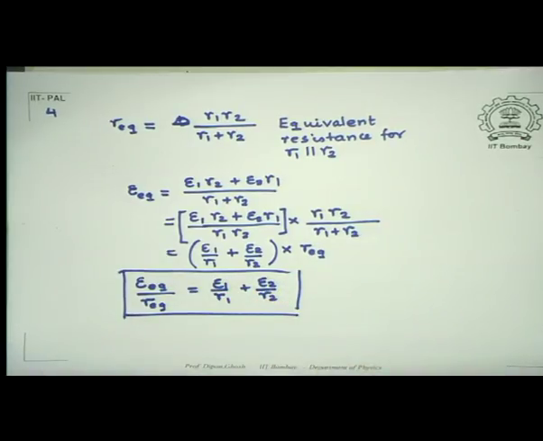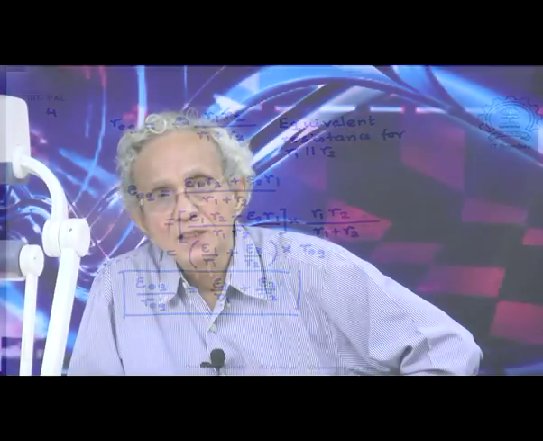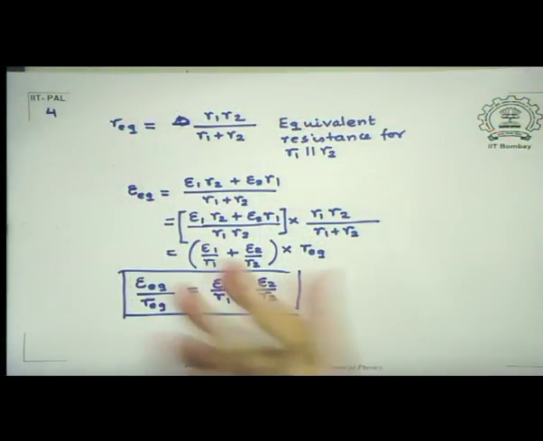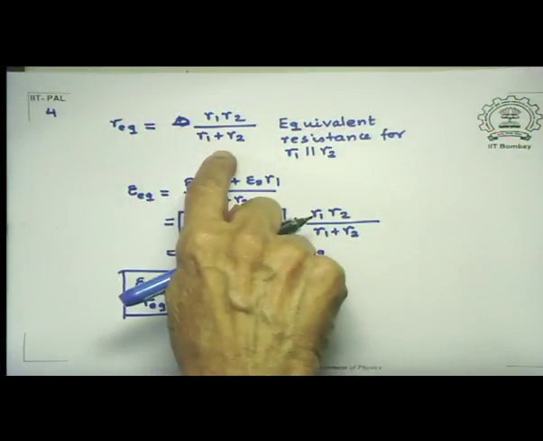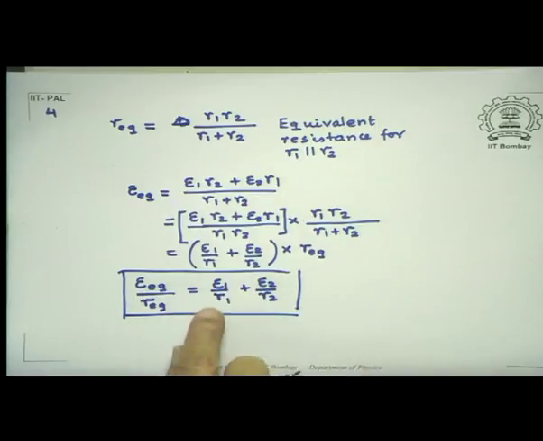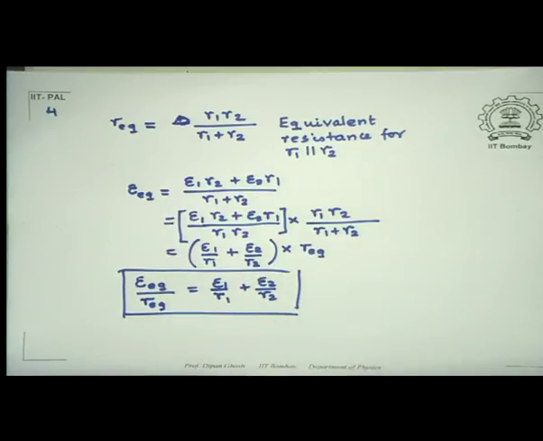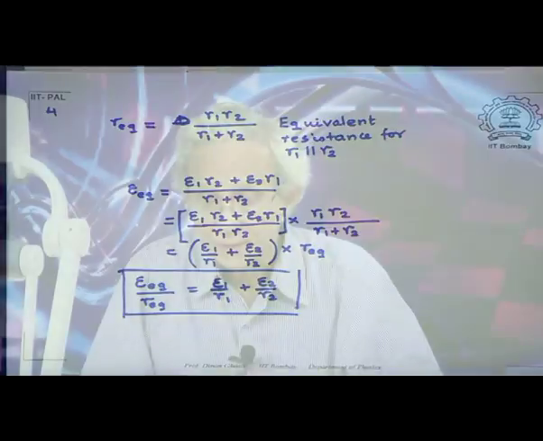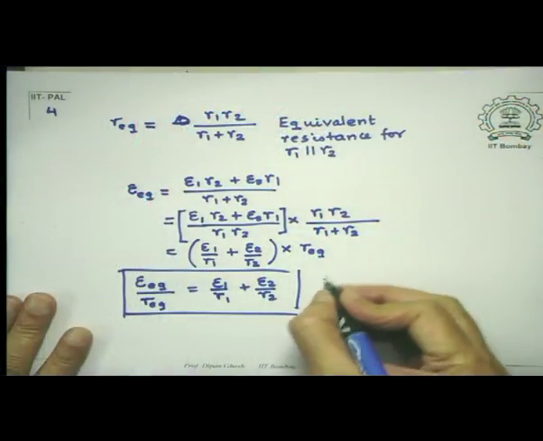And if you had more than 2 batteries, of course you could still use this formula, whatever is the equivalent resistance of all of them, and here the same type of formula. We can do that. So basically what we do is this, that in case of a parallel combination, the arrangement is something like this.